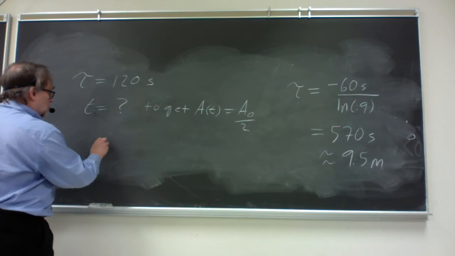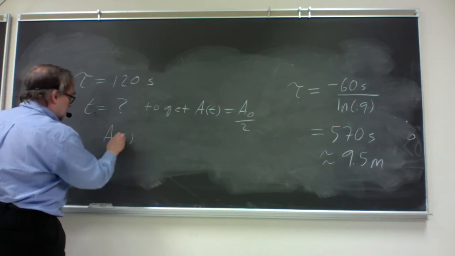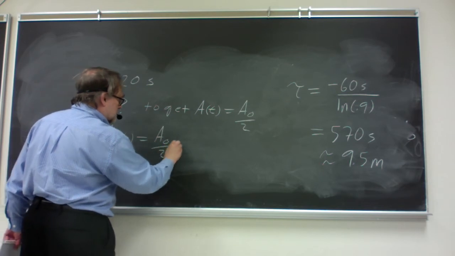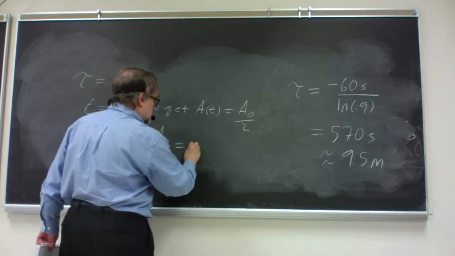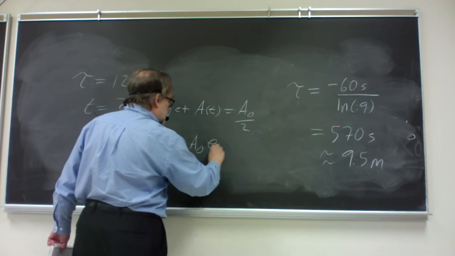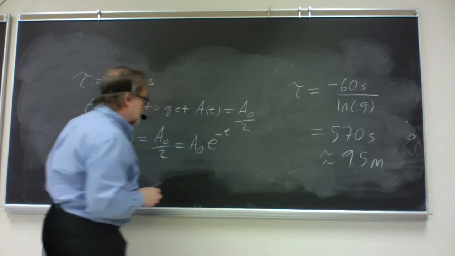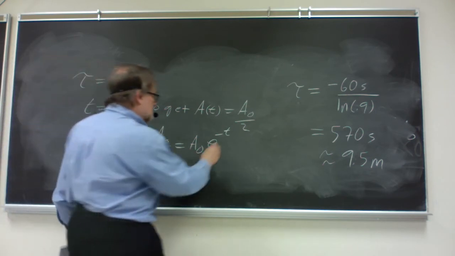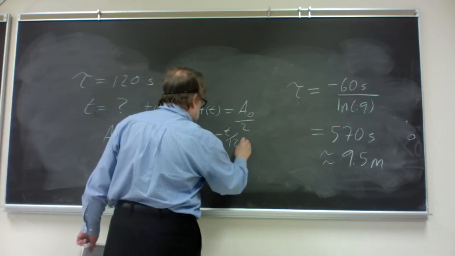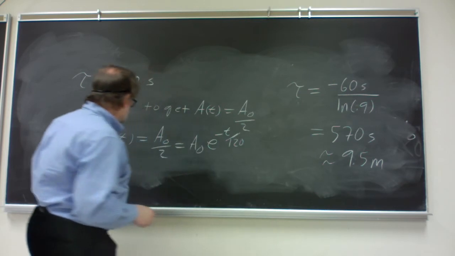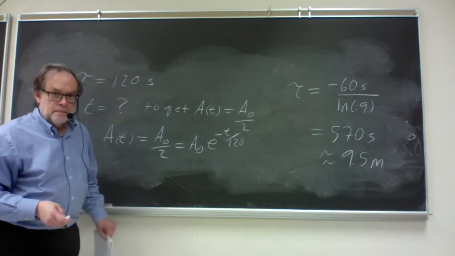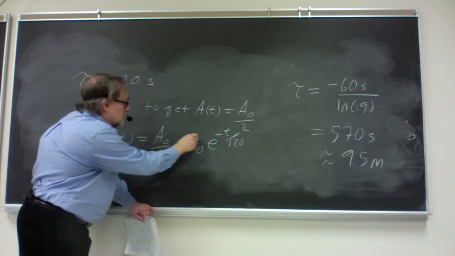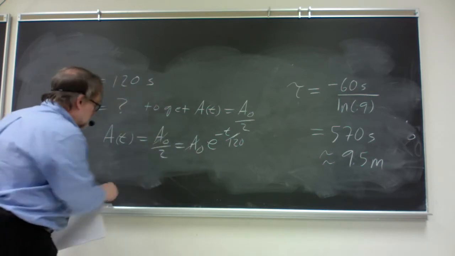We're looking for a time at which amplitude is half of what it was at the start, but amplitude at any time is amplitude at the start times e to the minus time over tau, and we know what tau is in this case. It's 120 seconds. So again, we simplify things by canceling out these A0s on both sides of the equation, and what do we have?